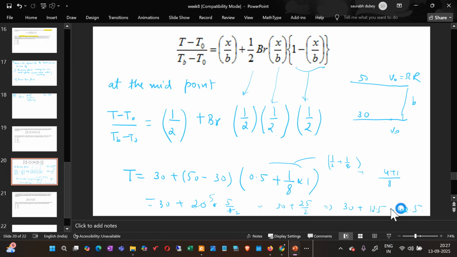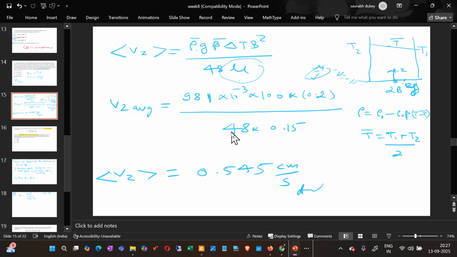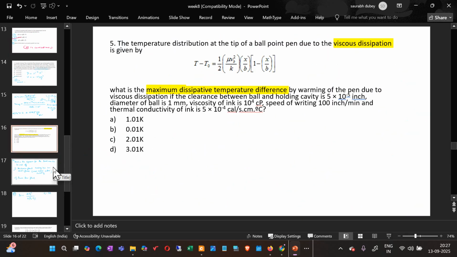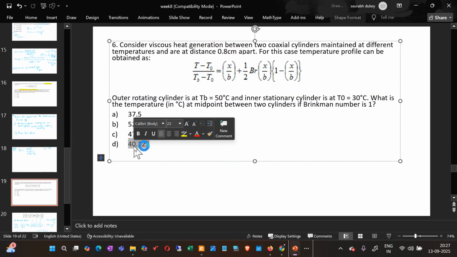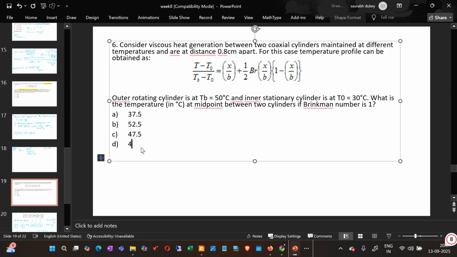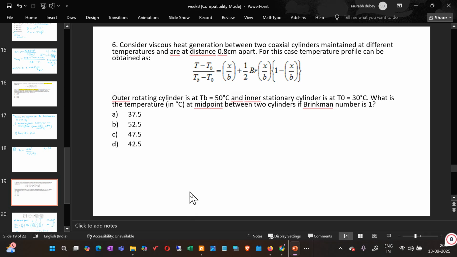Okay, something will come like this. So it will be 42.5. 42.5 is the correct answer. B is the correct answer, right? So that's for some little options for this place, but the answer is this one.